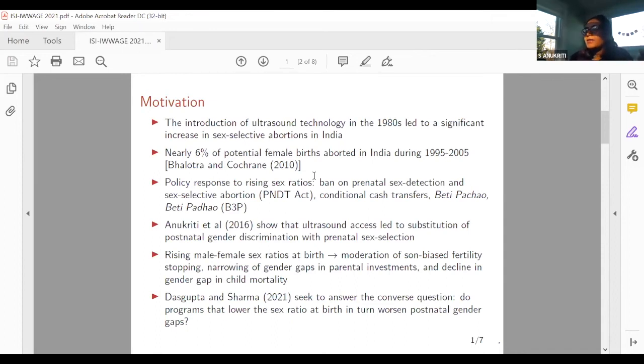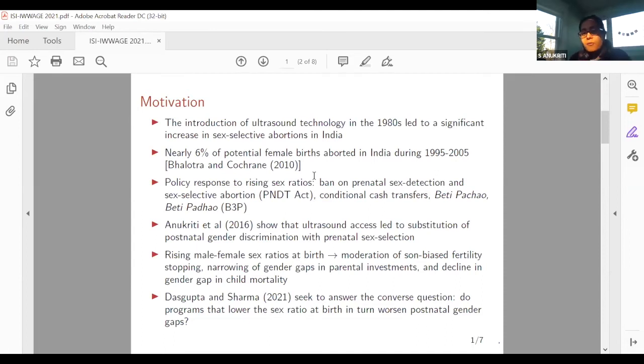As sex ratios become more male biased, you also see a decline in the postnatal gender gap. Now you have a moderation in son biased fertility, you find a narrowing of gender gaps in parental investments in health, for instance, breastfeeding, immunization, and so on, and also a decline in gender gaps in mortality.